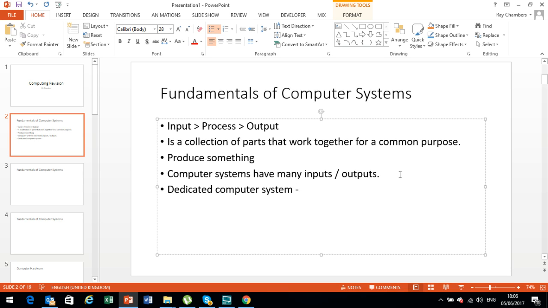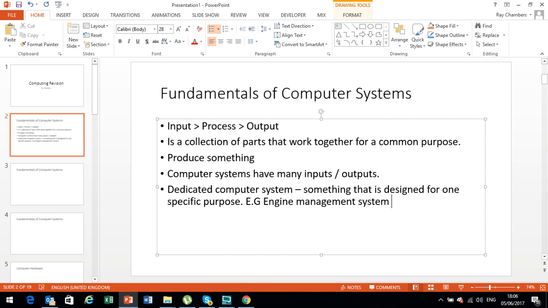Now, one area that we haven't really talked about is what a dedicated computer system is. A dedicated computer system is something that is designed for one specific purpose. So you may have designed it to look at an engine management system in a car. Other systems are general purpose. So I'm going to put the example here for dedicated: engine management system in a car.